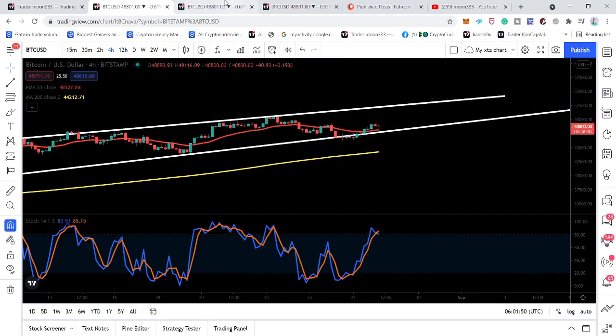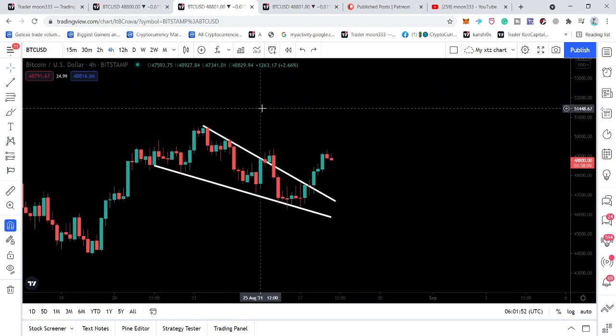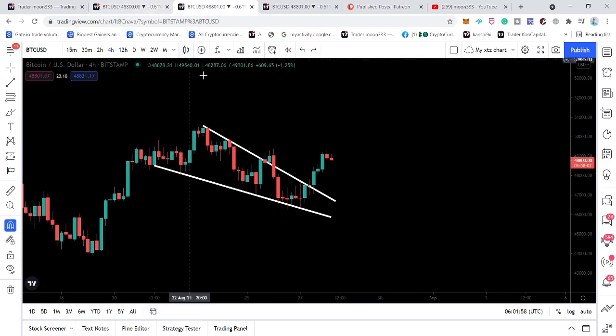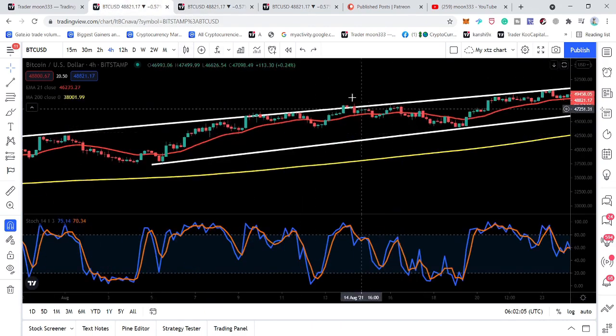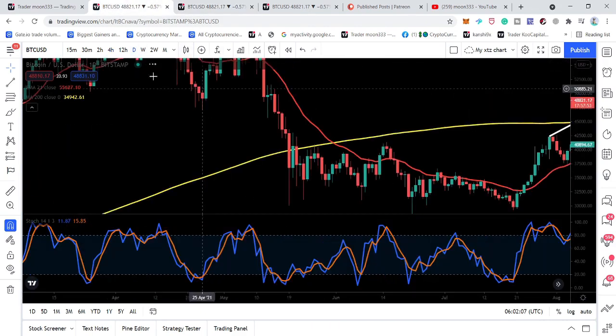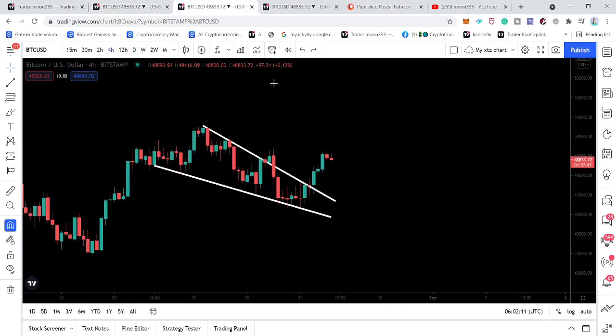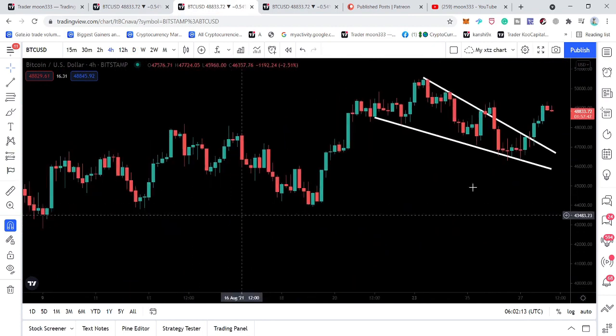Now let's take a look at this small time frame, the 4-hourly time frame chart. And I told you guys that this is the bullish reversal pattern that the price line has formed on the 4-hourly time frame, and we are completely in an uptrend. Even if we switch back to the daily time frame, we can see that we are in an uptrend, and on the 4-hourly time frame we are also in an uptrend.